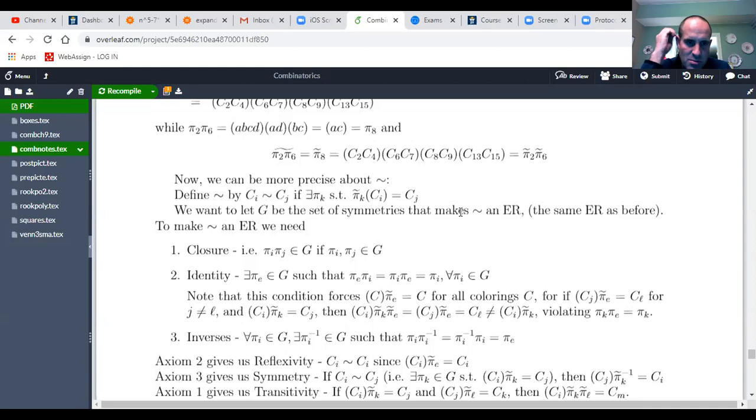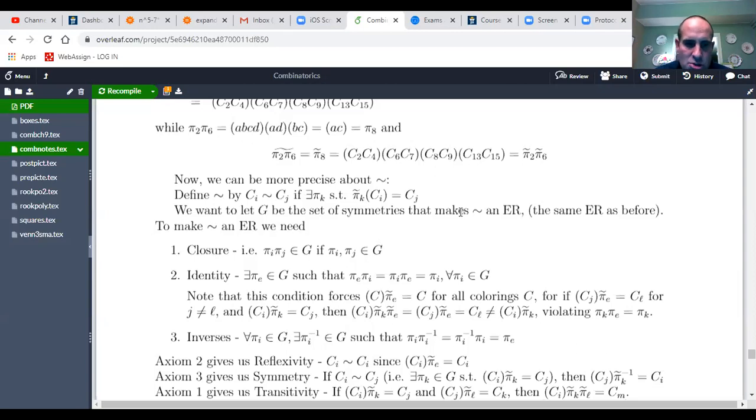Okay. So to make twiddle an equivalence relation, first of all, we need to know that if we compose two of these things, like we operate them together, remember this is always left to right composition, whenever we operate those, we better get something that is once again a symmetry. G is the collection of symmetries.